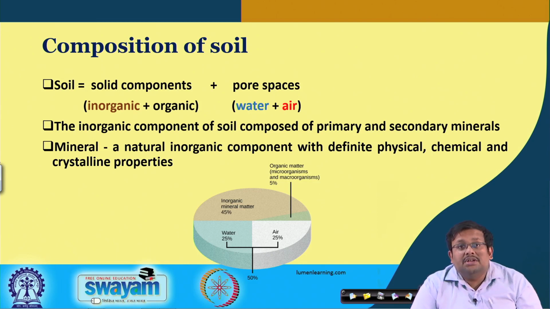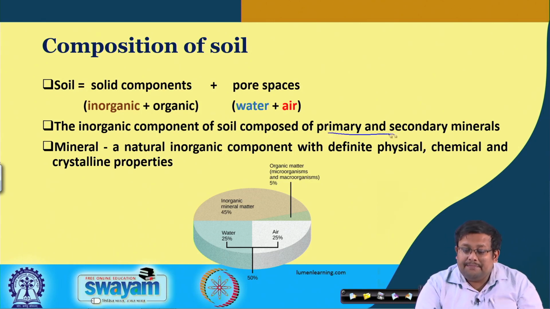The inorganic components of soil are basically composed of different primary and secondary minerals, and they are concentrated in three soil separates, for example sand, silt and clay.